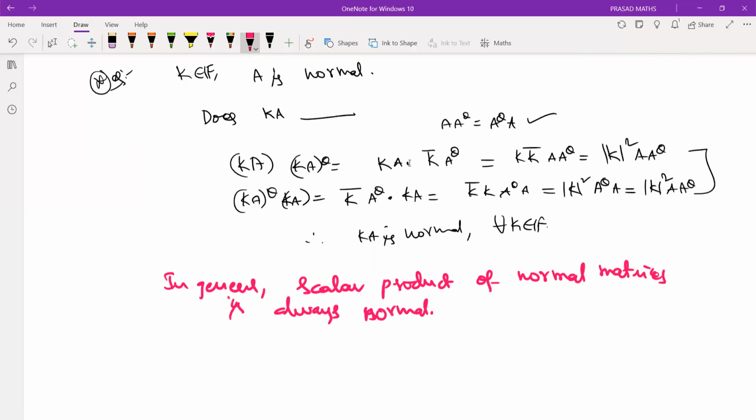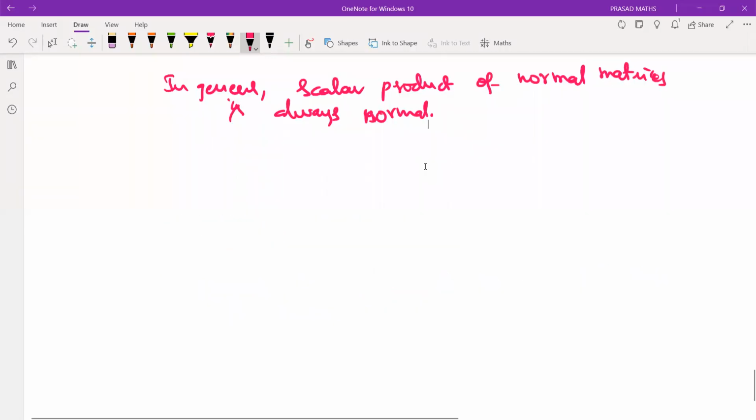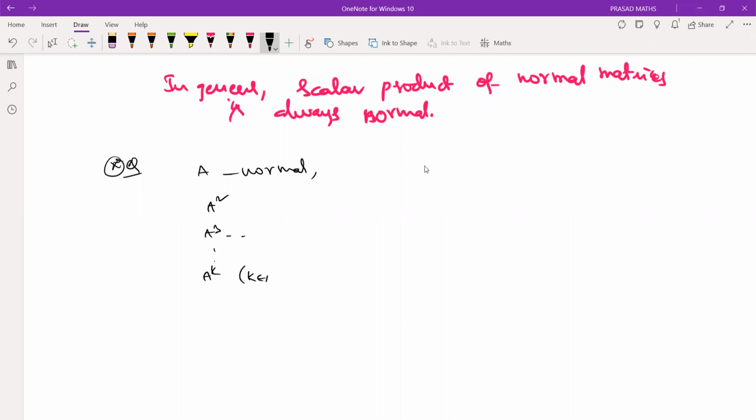Now the question is about integral powers. What about A squared? What about A cube? What about A power K, where K is a positive integer? Now look at this question.